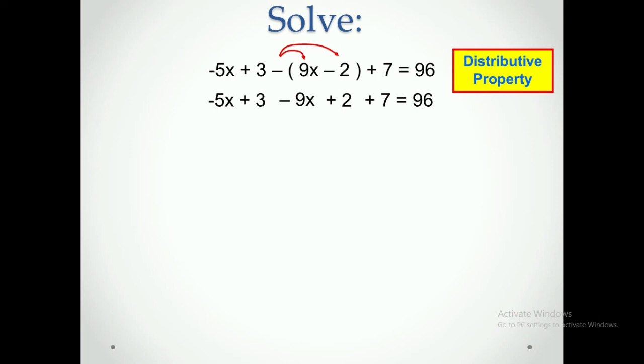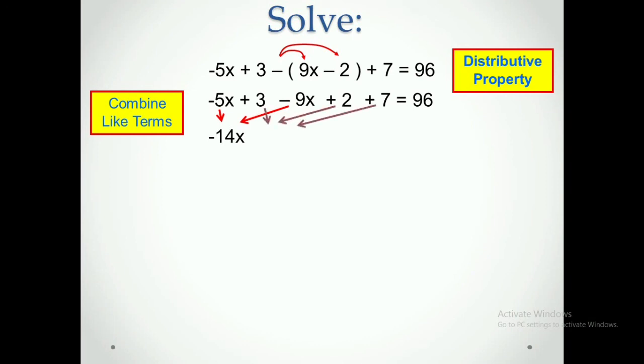Check to see if there's any like term and combine. So we have a -5x and a -9x. If we combine those, that will give us -14x. Then we combine the other like terms, which are 3 plus 2 plus 7, and that gives us 12.